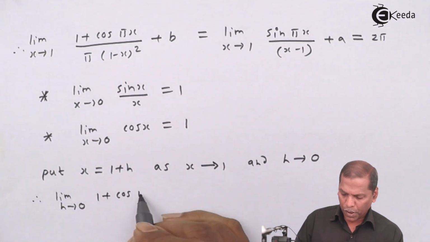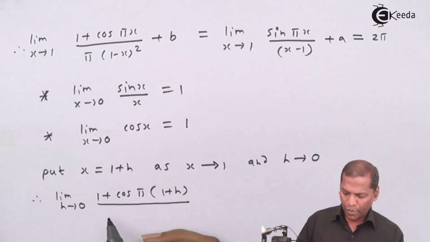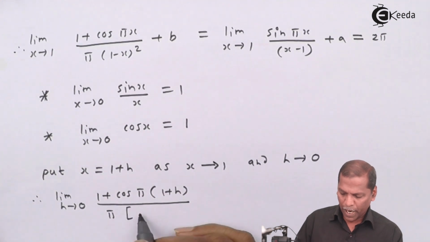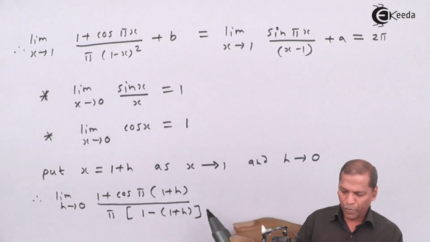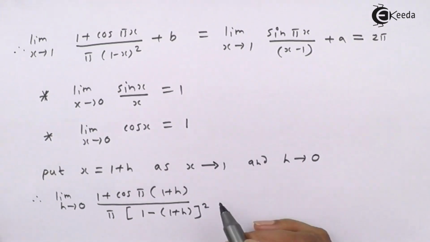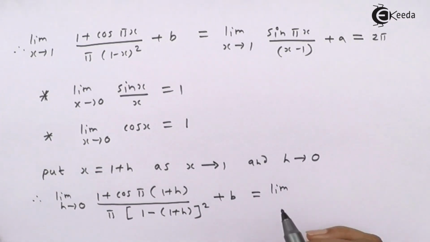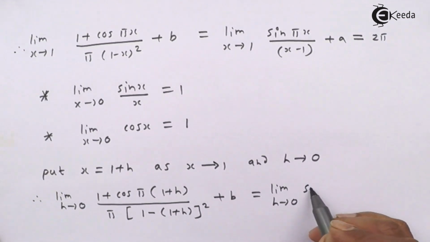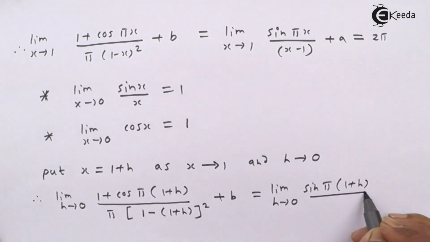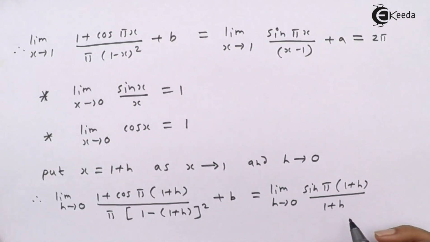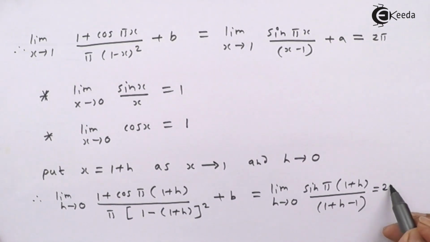So 1 plus cos pi times (1 plus h) totally divided by pi times (1 minus (1 plus h)) the whole square, plus b, that is equal to limit h tends to 0, sin pi times (1 plus h) upon (1 plus h) minus 1, and that is equal to 2 pi.